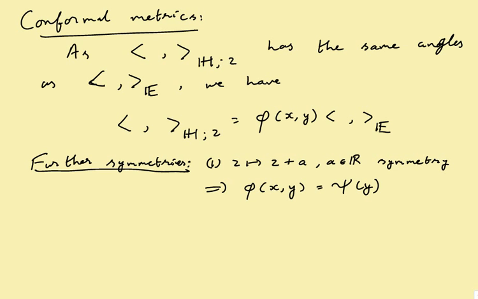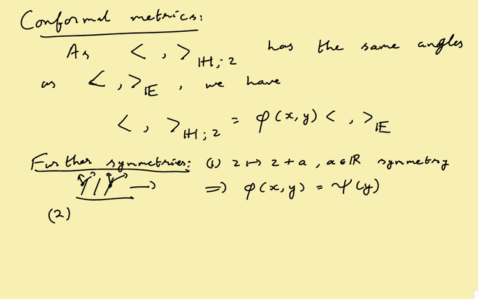Because we have horizontal translations, it tells you that if I take a pair of vectors here and look at their inner product, or I translate them and take the pair of vectors here and look at their inner products, these two inner products should be the same. But in one case it is the Euclidean inner product multiplied by phi at this point, and in the other case phi at this other point, and since they're equal, the scaling factor should be independent of x. It's only a function of y.